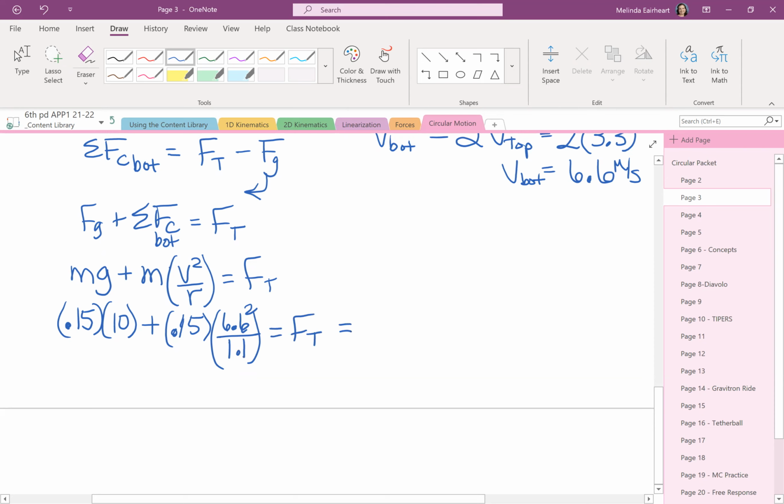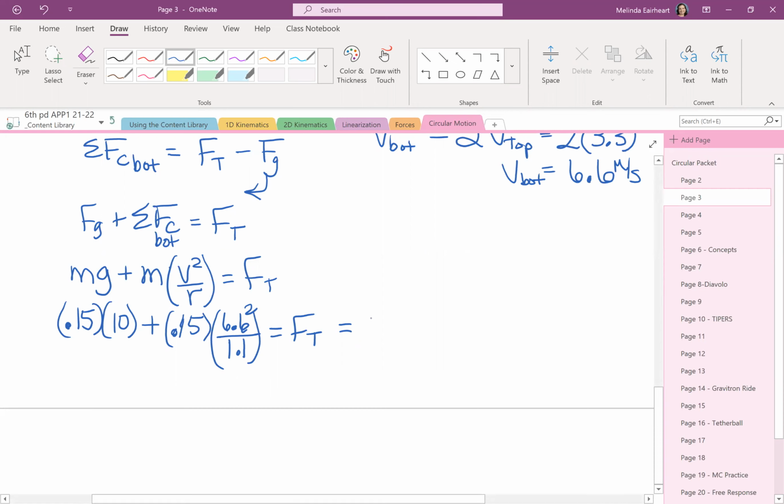All right, so now get me the new tension. Remember at the top, we said it was 0 at minimum speed. At the bottom, gravity's been speeding it up as it goes from top to bottom. And you can clearly see we're going to get a number bigger than 0, right? 7.44.